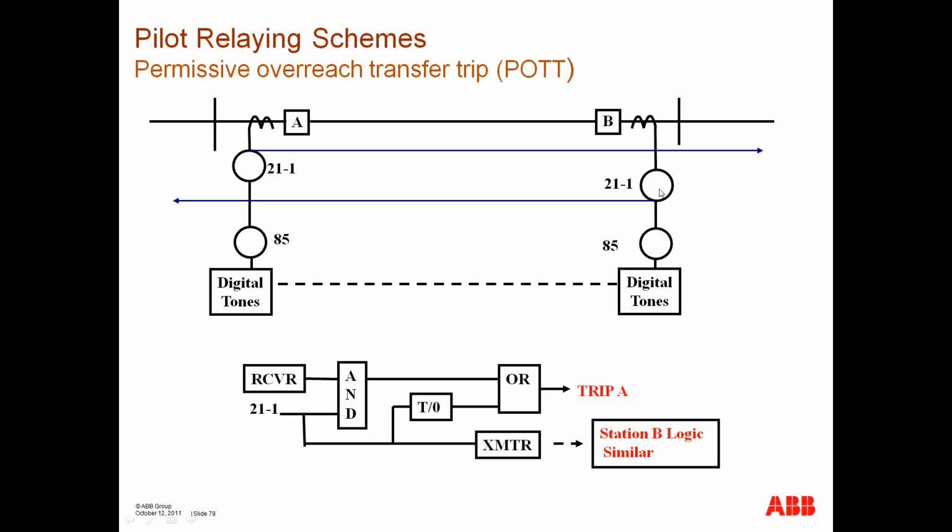If this end also sees an overreaching fault in this direction, it must be an internal fault. It will go ahead, it will also send permission down here, and it will go ahead and trip. And the communications is either digital or tones. And it's very simple logic.